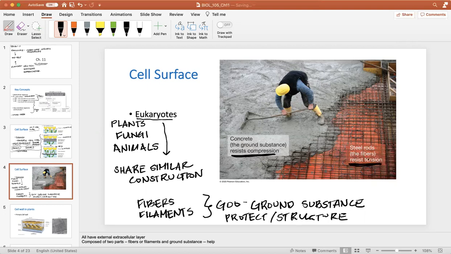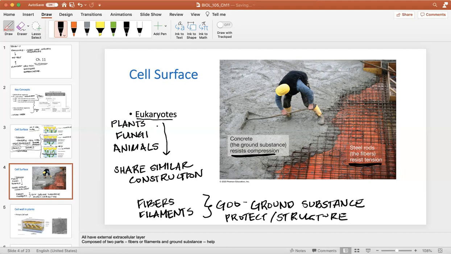So if you're pushing and pulling and shearing, this will resist those pulling forces, the tension forces. Whereas the ground substance resists pushing forces, compression forces, like if you were trying to squeeze the cell in on itself. And together, what this does is it protects the interior of the cell and gives it structure.